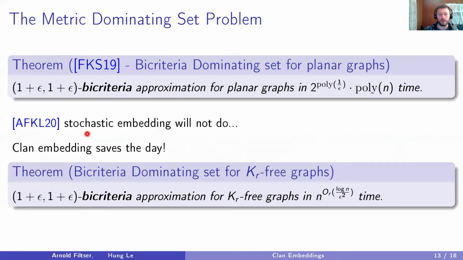And what we actually were able to show is a quasi-polynomial bicriteria approximation scheme. Again, it's the same 1 plus epsilon bicriteria. And unfortunately, we get only a quasi-polynomial time because of our log squared n Treewidth. It's not enough to get the real PTAS. But still, it's the first thing that we know for minor free graphs, and it will be very nice to improve.